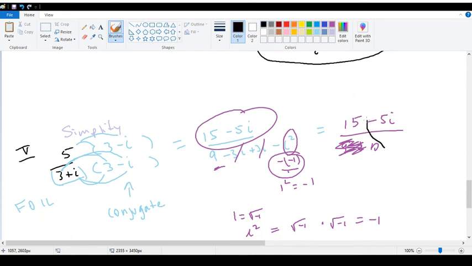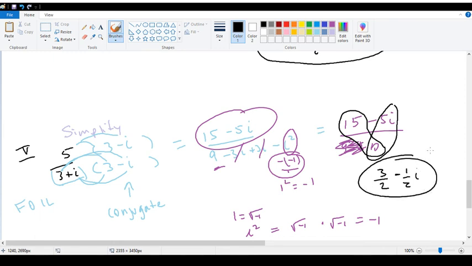It's a fraction, so 15 tenths. 5 divides 15 3 times, 5 divides 10 twice. Minus, well, this right here, 5 tenths i is just 1/2 i. And that's your final answer.